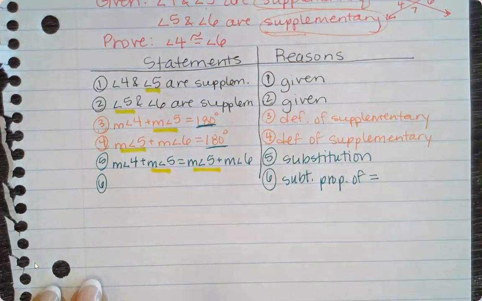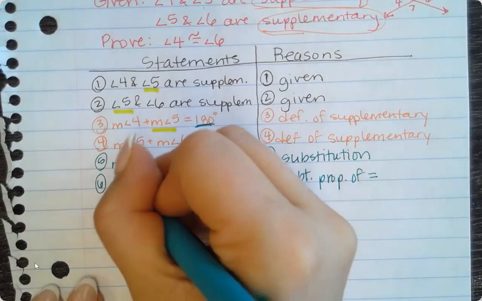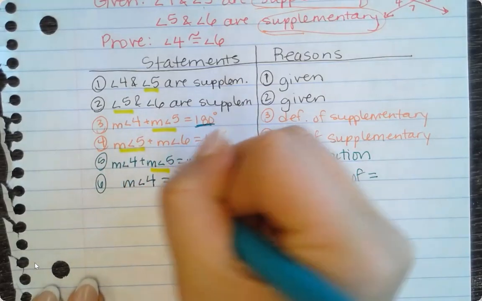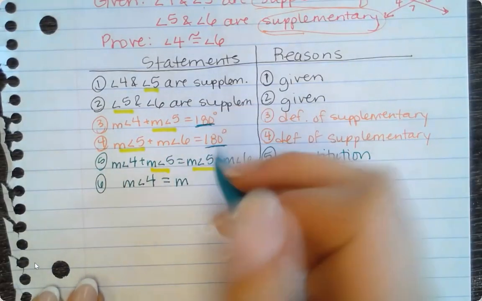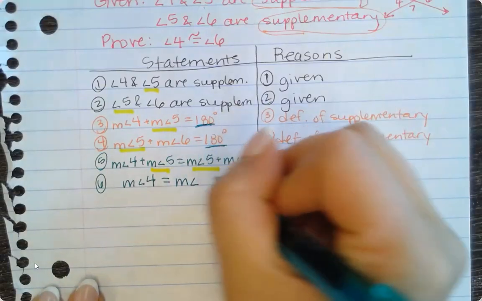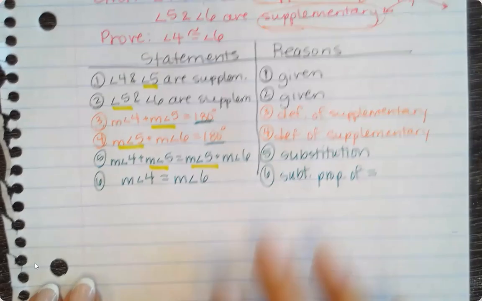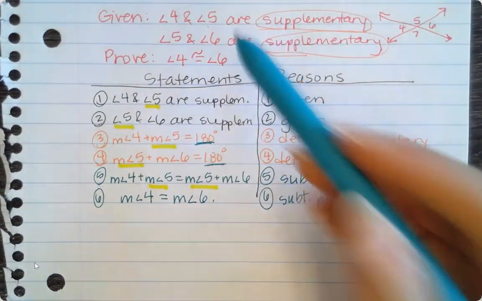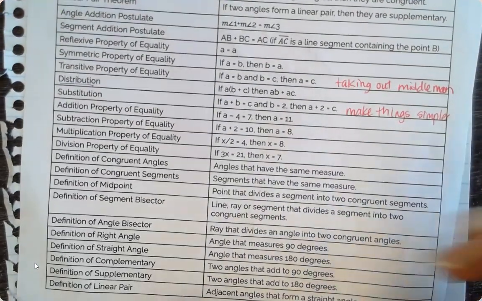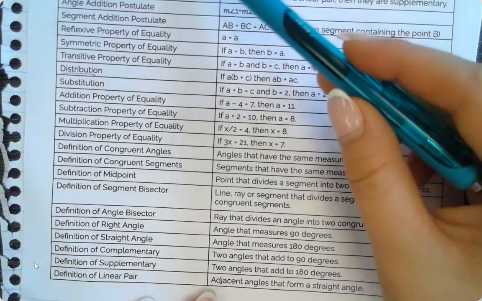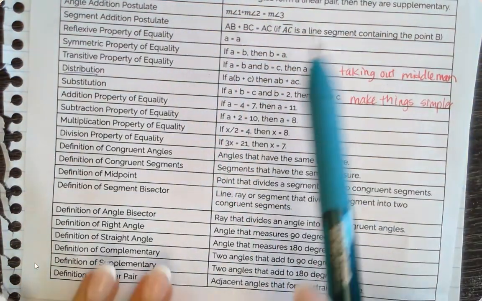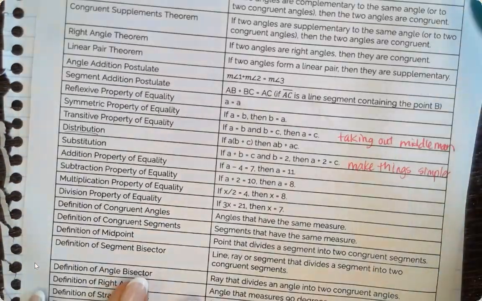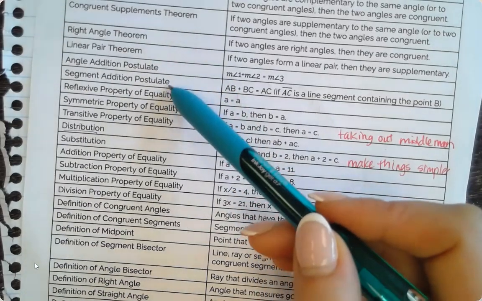And with that, I'm going to go ahead and subtract the measure of angle 5, and I'm going to get the measure of angle 4 is equal to the measure of angle 6. Well, I'm trying to prove that these are congruent. So I have two measures are equal, so that tells me that both are congruent, and that is because of the, let's see if we can find it. Let's see.